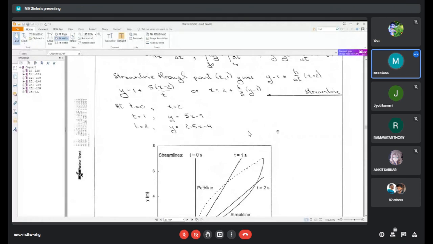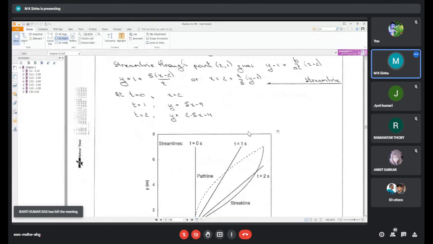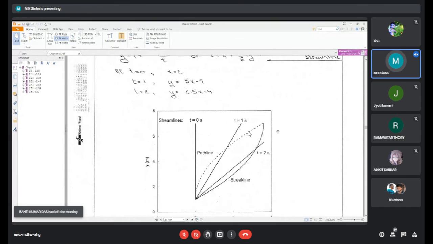See, this is your streamline. T equal to 0, x equal to 2, t equal to 1, t equal to 2. So this is all, that is the bottom.